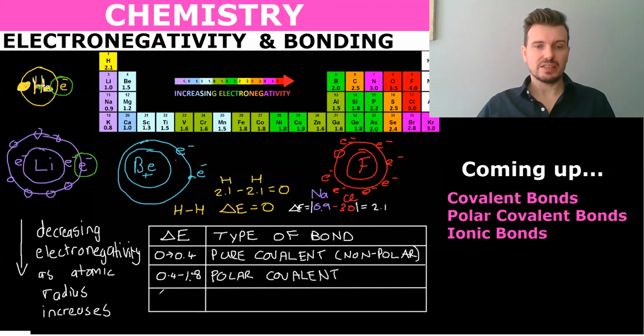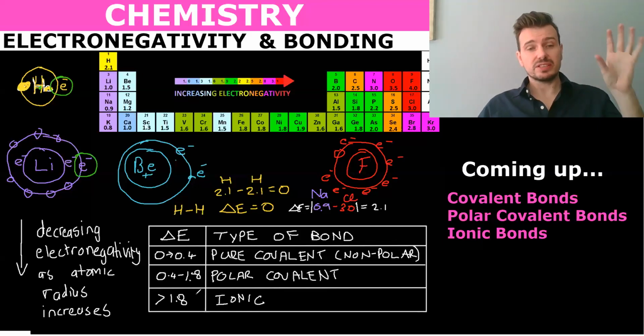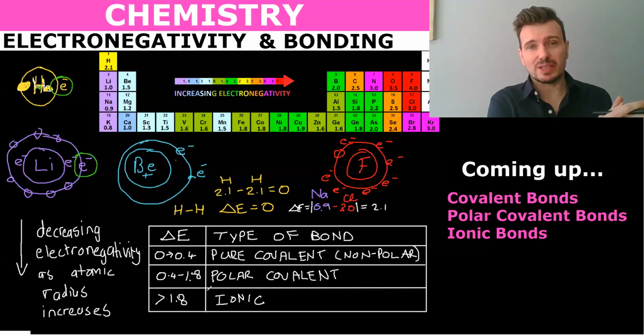And then greater than 1.8, we say is ionic. Now, as I say, these numbers, the 1.8, there is discrepancy. You're going to see 1.6 in some places, and you're going to see up to 2.1 in others.